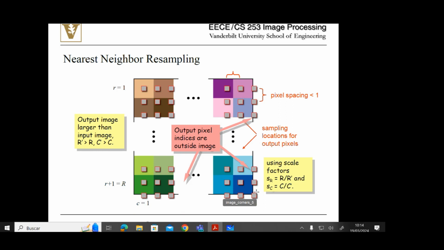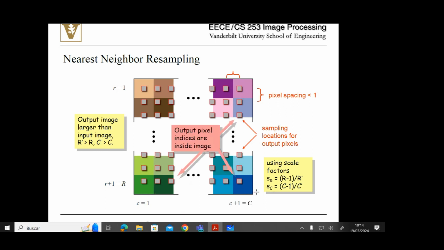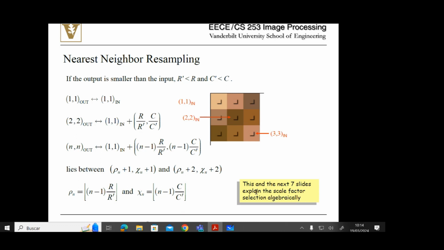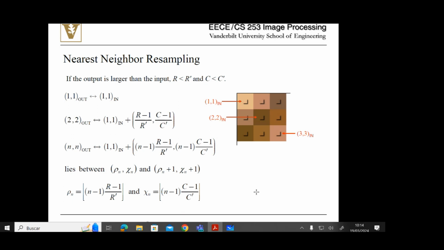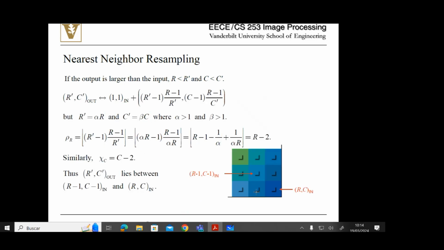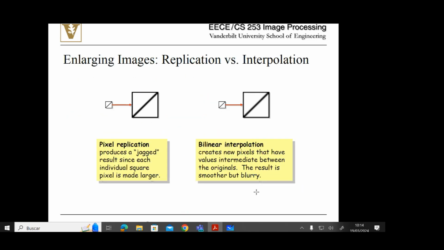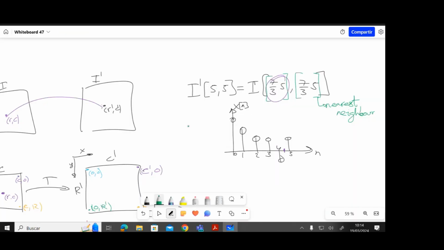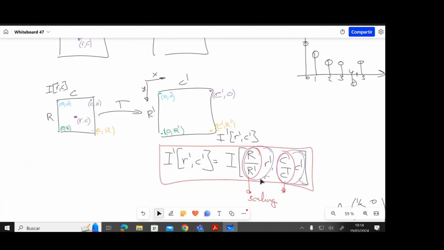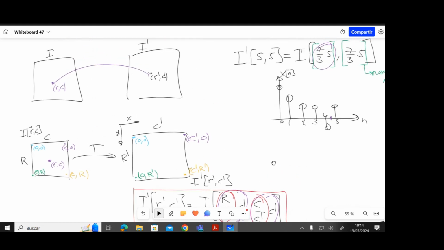Borders we don't care about at the moment. The main thing is this idea: there is a scaling between coordinates, and then because you are getting fractional coordinates, you have to round.